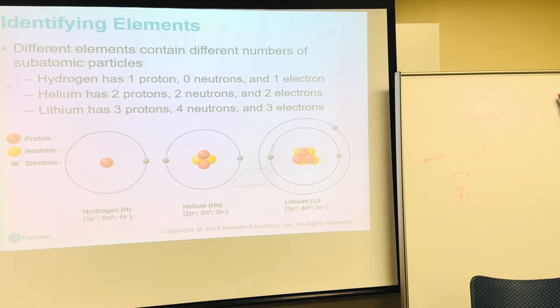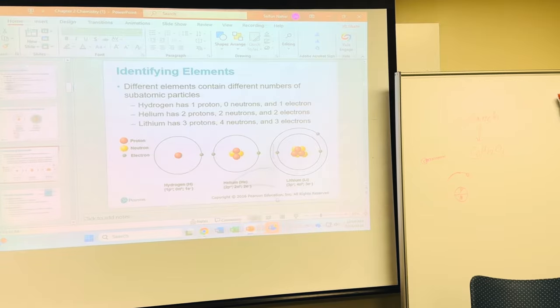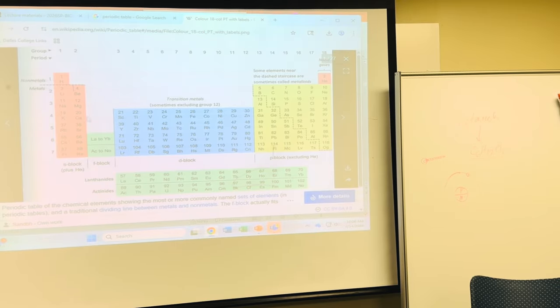So now let's talk about something very important. Let's look at the periodic table one more time. When you look at the periodic table, you will see hydrogen 1, helium 2, lithium 3, beryllium 4, boron 5, carbon 6, nitrogen 7, oxygen 8, fluorine 9, neon 10.